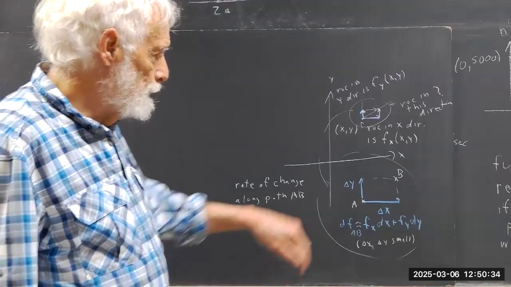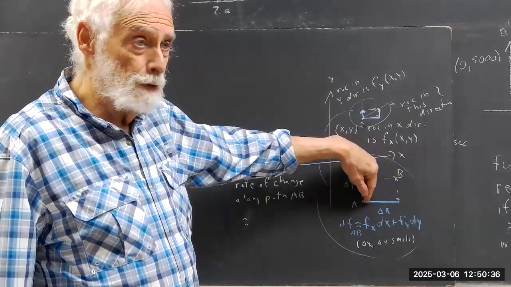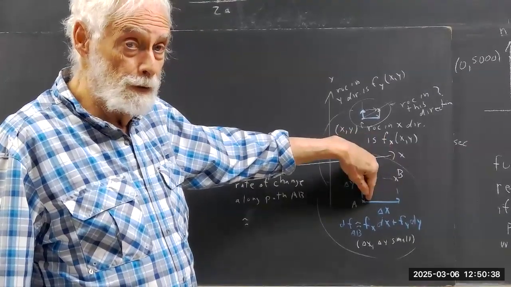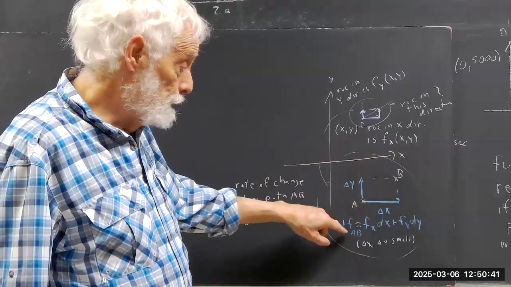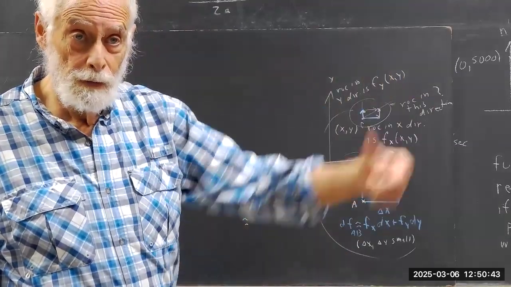The delta F would actually stand for the actual change, the function value here minus the function value here. This is an approximation to the change in the function.